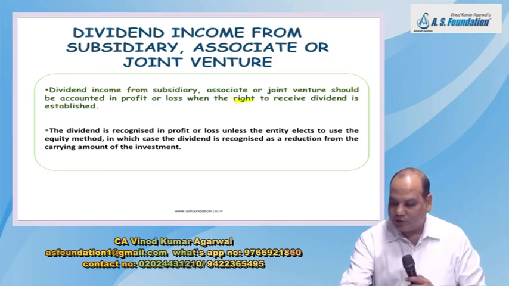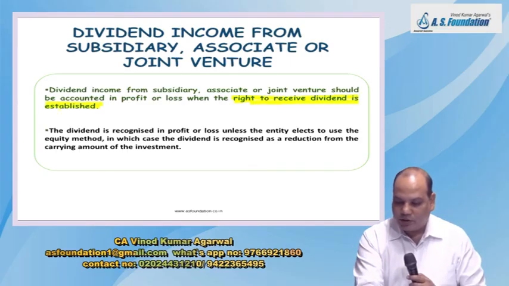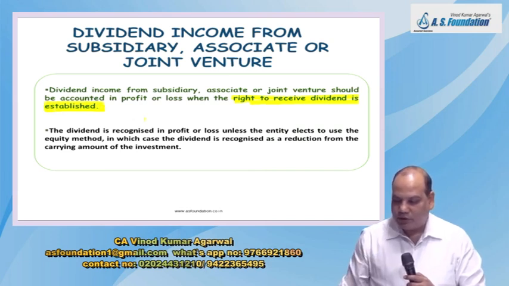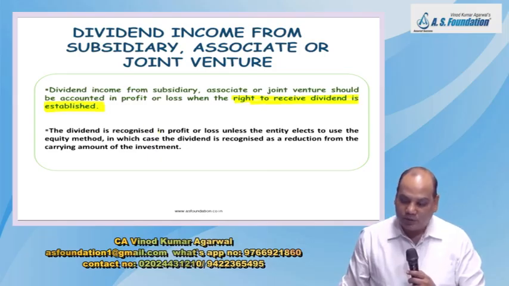When is right to receive the dividend established? Dividend is declared by AGM in case of final dividend, or by board of directors in case of interim dividend.